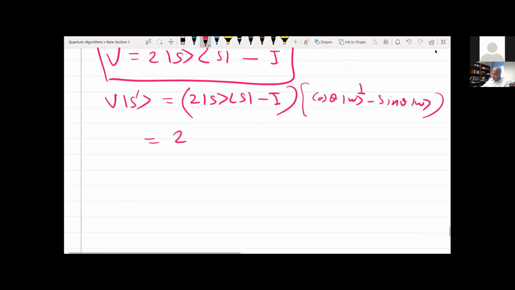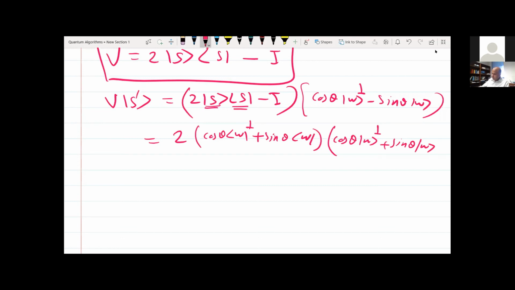Recalling that this S state is nothing but cos theta omega perpendicular plus sine theta omega.